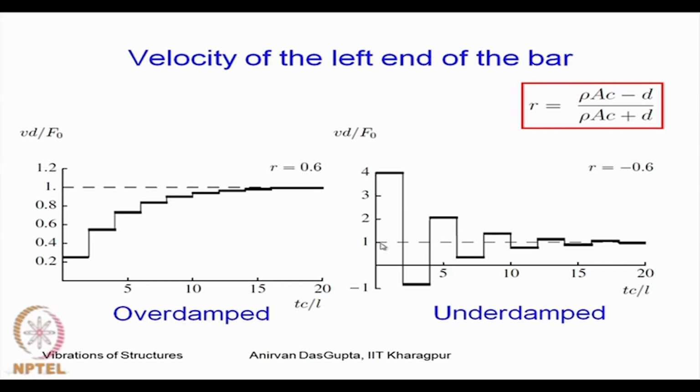So, what we conclude from here is that when d is less than the impedance of the bar, then we obtain an overdamped kind of a response.